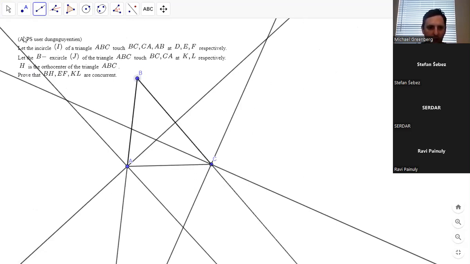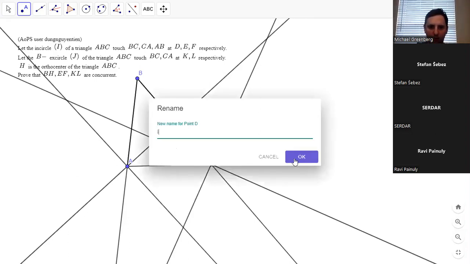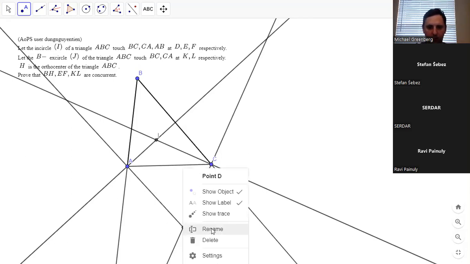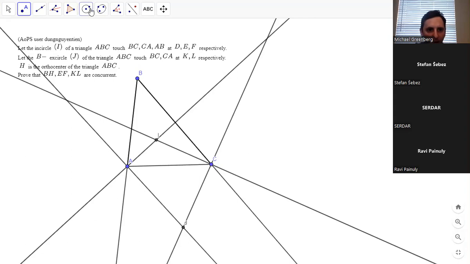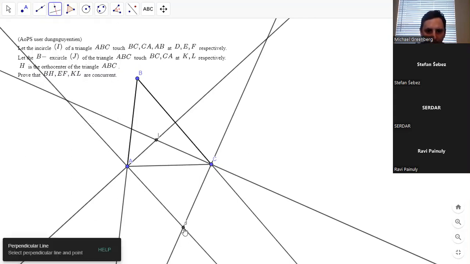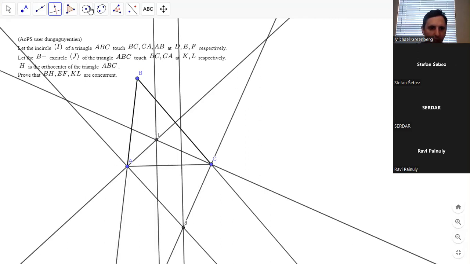So let this be I. And this is J. Those are collinear. Let me drop a perpendicular. I want to draw both circles.